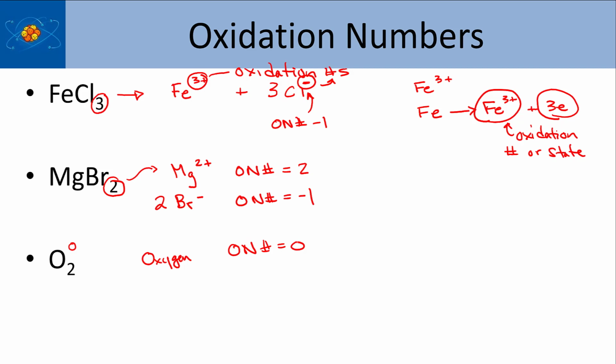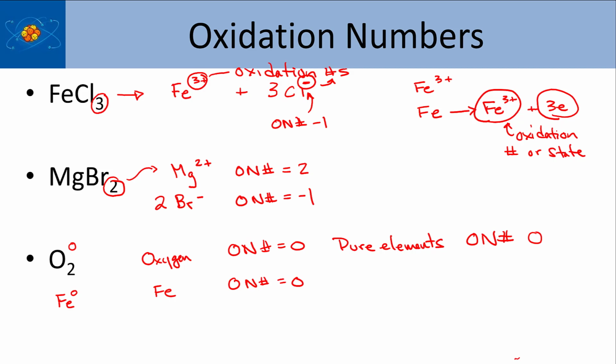Elemental iron has a charge of 0, so iron, Fe, has an oxidation number of 0. And here's what we generally assume, that pure elements have an oxidation number of 0. They're neutral in essence. They've neither gained electrons nor lost electrons.